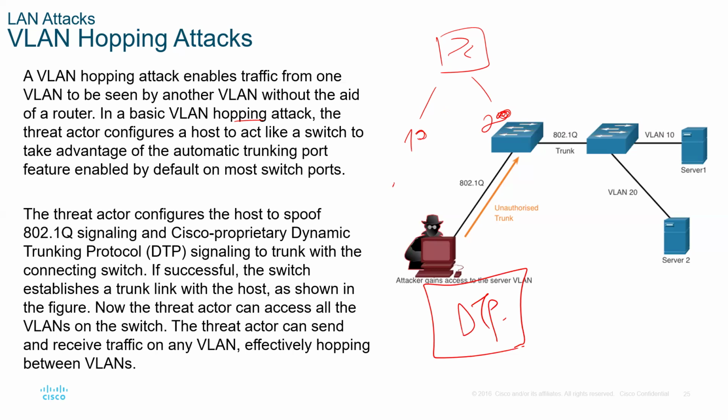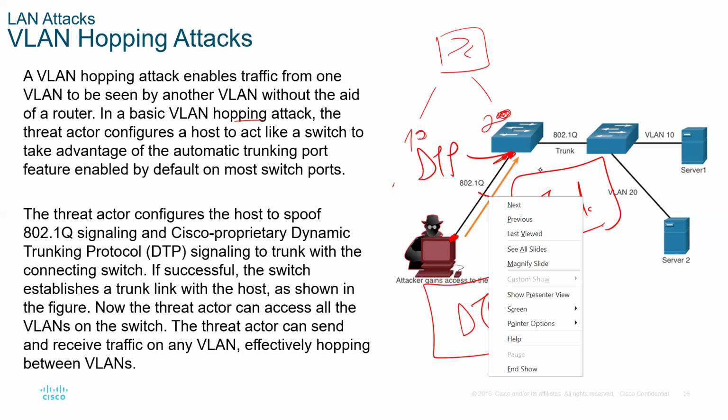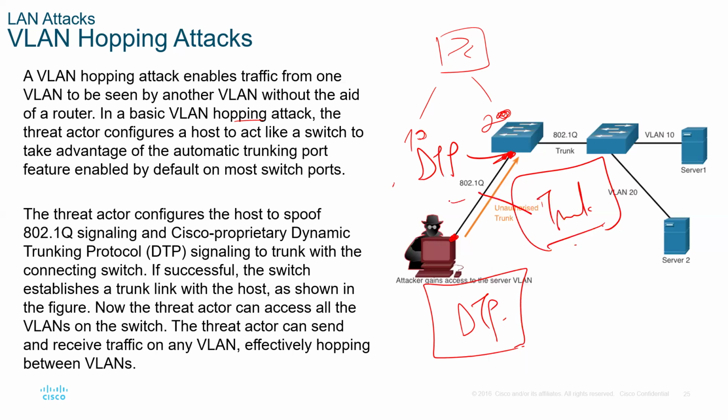If a switch port is set to DTP desirable, for example, it means if an actor connects to this port, the device can configure itself as a trunk, meaning this link will be trunking. Once this link is a trunk, it means multiple VLANs can go through this link.